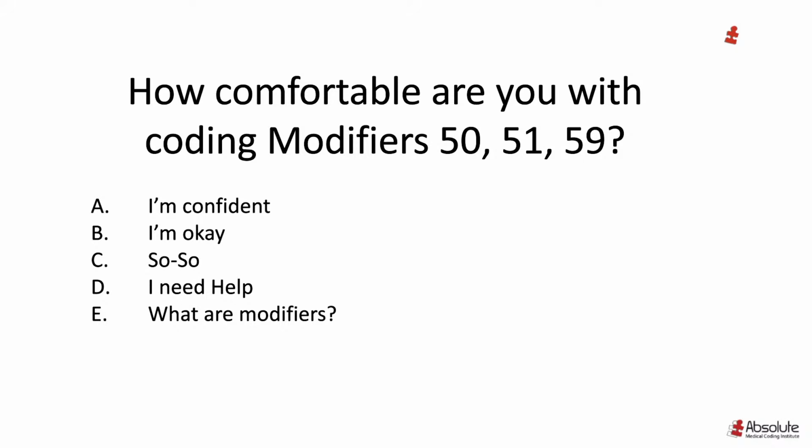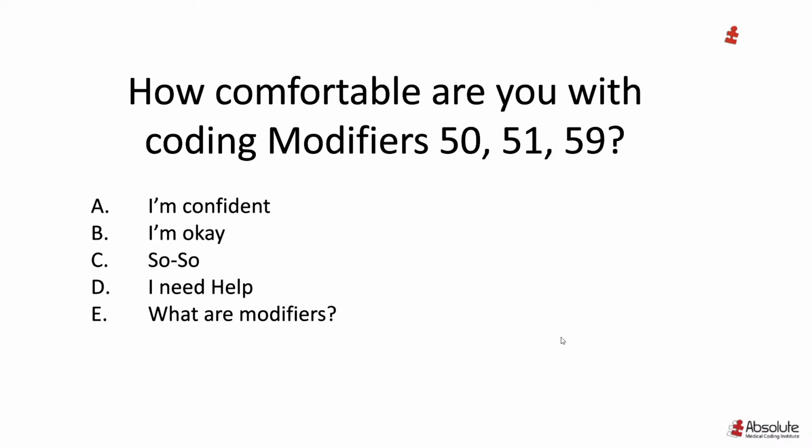All right. So a lot of people said C, so I'm locking in on that. And the person that said E, welcome. Modifiers are the 2-character code that is often appended to a code, a CPT or HCPCS Level 2 code, and they just kind of modify the story of the code.